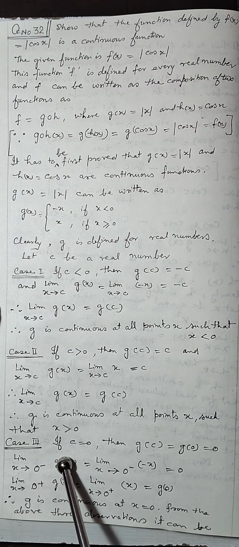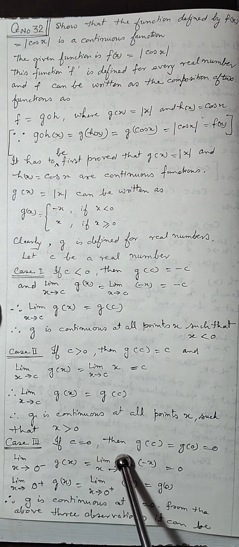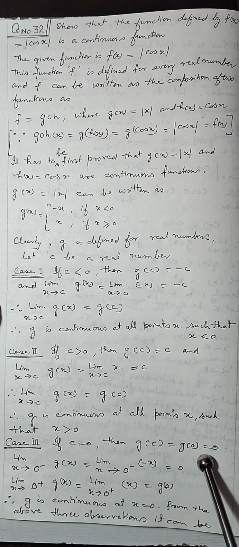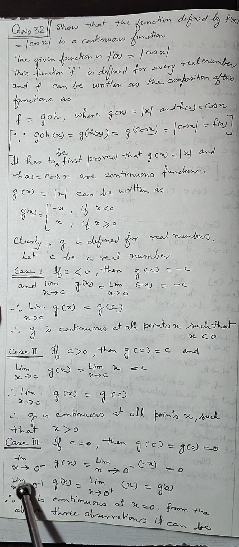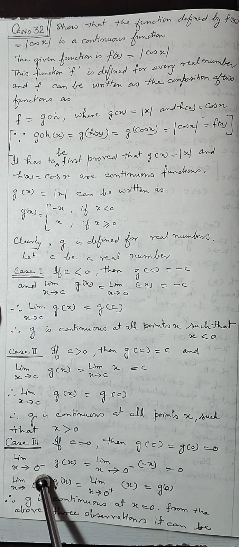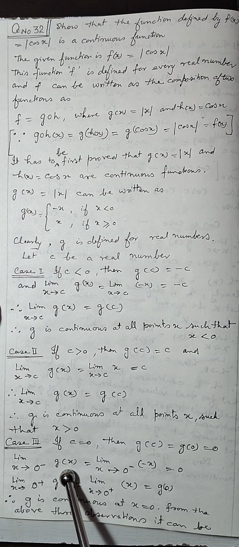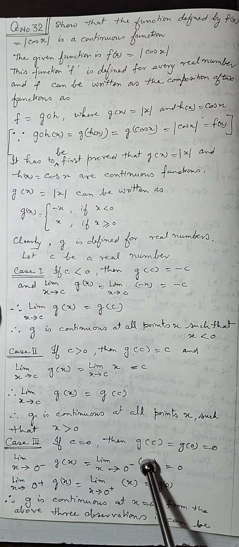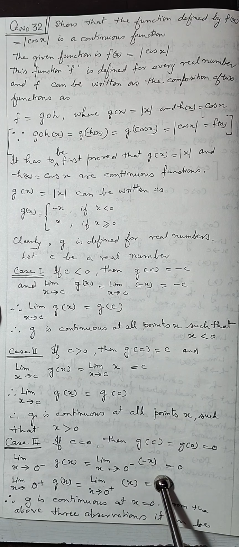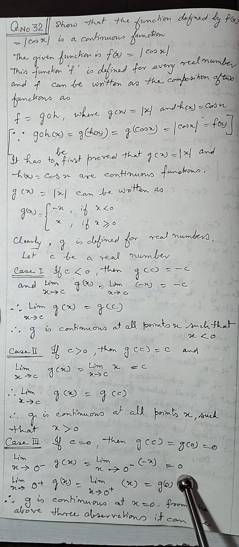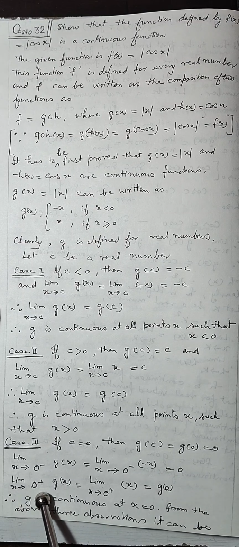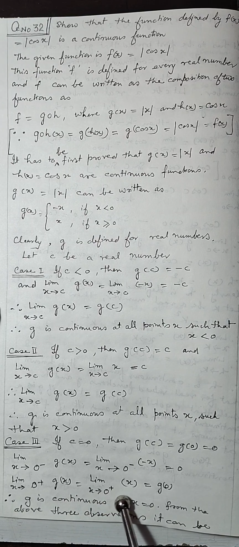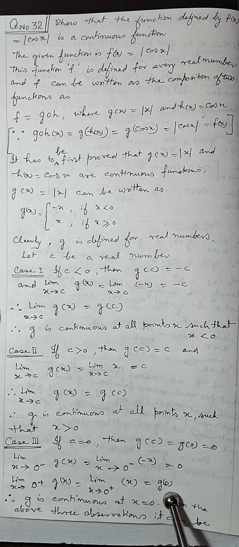Now the third case arises. If c = 0, then g(c) = g(0) = 0. The limit as x approaches 0 from the left, the left hand limit, of g(x) is the limit of -x, in the third case minus x, which is equal to 0. The limit as x approaches 0 from the right of g(x) is the limit of x, which is equal to g(0).